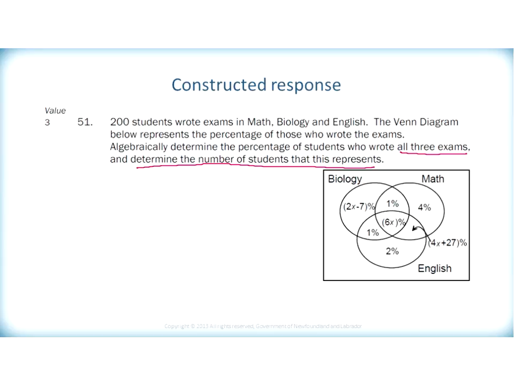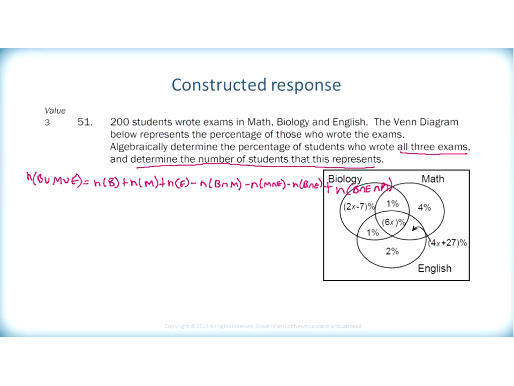And it'll be that the number of students in B union M union E is equal to the number of students in B plus the number of students in M plus the number of students in E. Subtract the number of students in B intersect M. Subtract the number of students in M intersect E. Subtract the number of students in B intersect E plus the number of students in all 3, B intersect E intersect M.